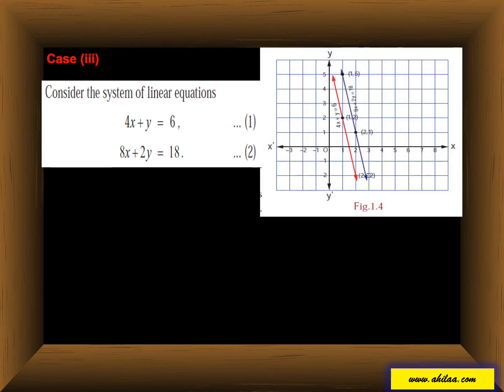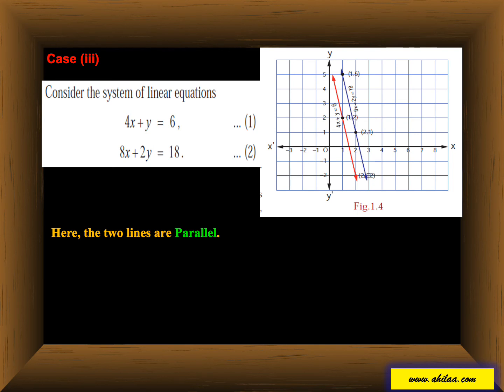So, when we try to draw these two lines in the two-dimensional plane, we get a set of parallel lines. Parallel lines, how many common points? No, they never meet at any point. There is no common point. If there is a common point, then that makes the solution. Here there is no common point.